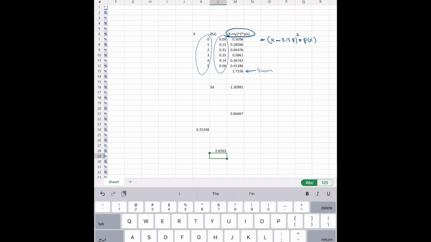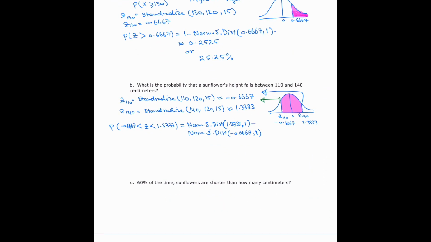And that is going to give us 65.63 approximately, or 0.6563. So it's going to be approximately 0.6563 or 65.63%.